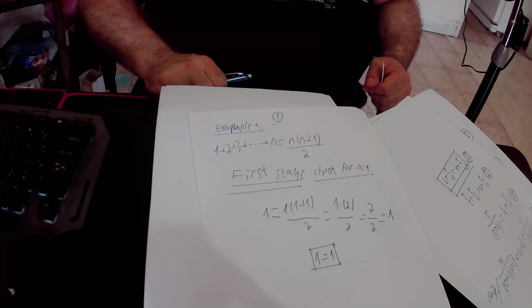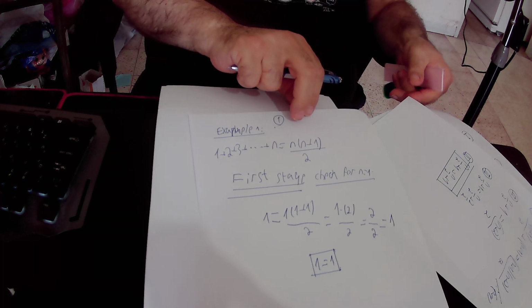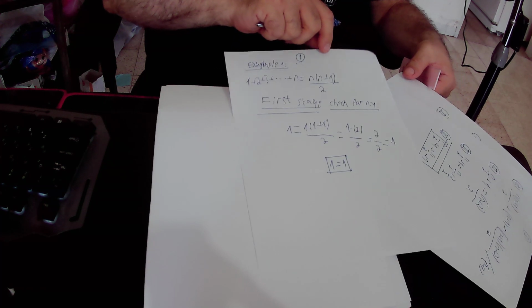Because I have already explained to you why, by doing the two stages of the proof, we actually prove the statement for all the natural numbers, and I will not repeat the explanation, but we will move to the second example.